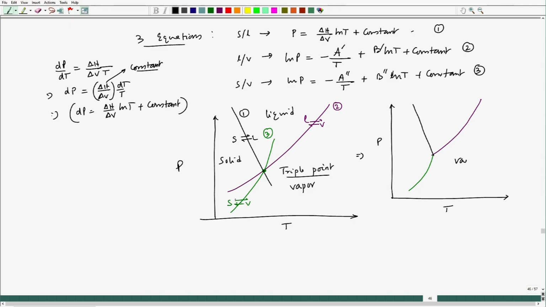Here this is vapor, this is solid, and this is liquid, and all the lines indicate equilibrium between two phases, and only at one point, the triple point, can all three phases coexist under equilibrium.